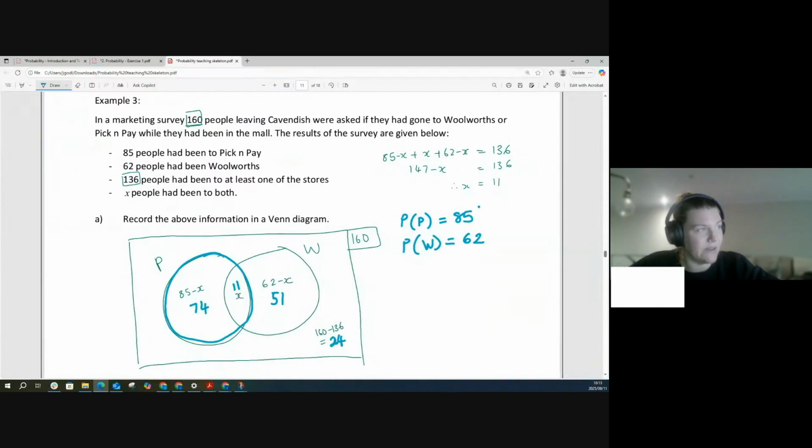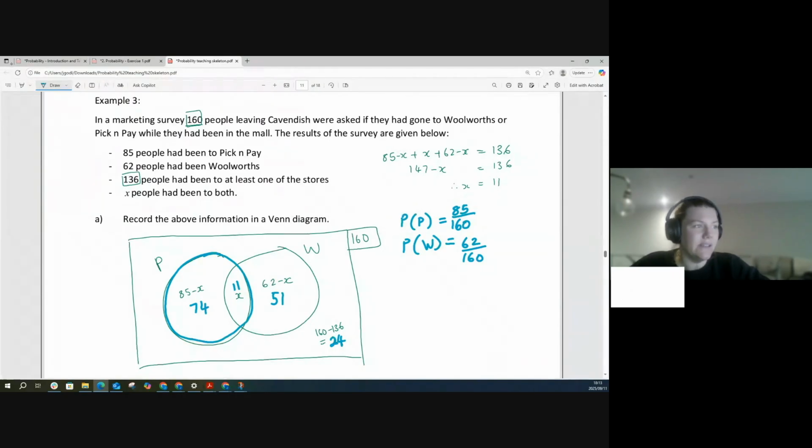Oh, I should say, sorry. I can't just say 85. Gosh, it needs to be a fraction. 85 out of 160. And the probability of people going to Woolworths is 62 out of 160. Okay, cool. I'm happy so far.